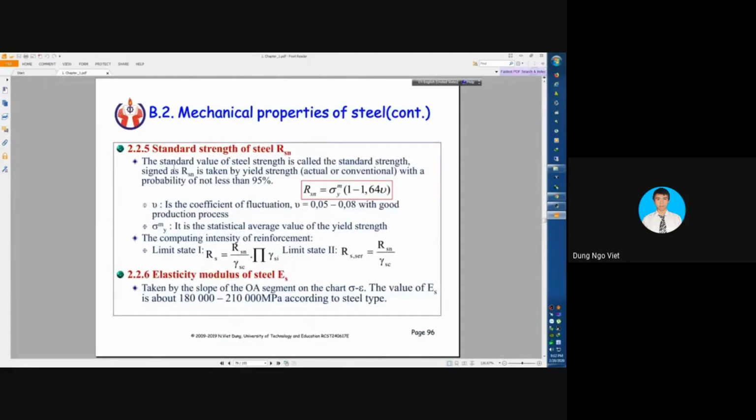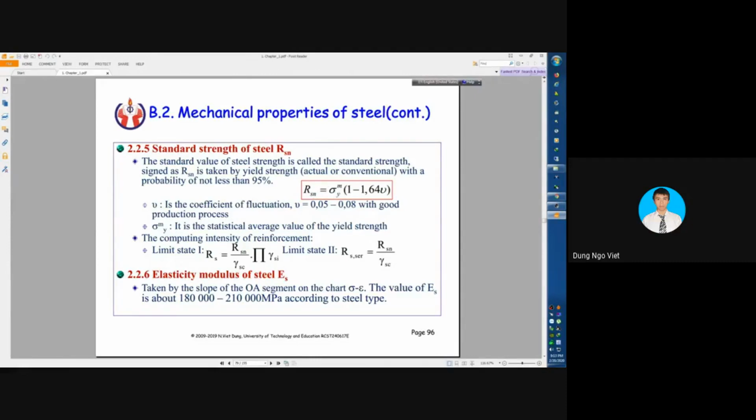This one is the standard strength of steel, RSN. The standard value of steel strength is calculated by the standard strength psi s RSN, and is taken as the yield strength, actual or conventional, with a probability of not less than 95%. So this is the formula to estimate the standard strength of steel.